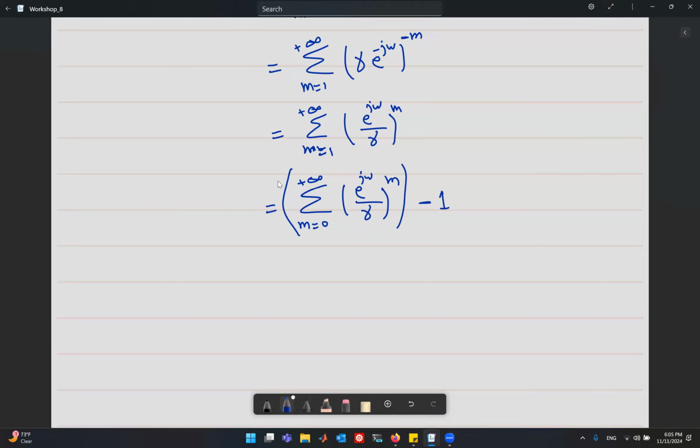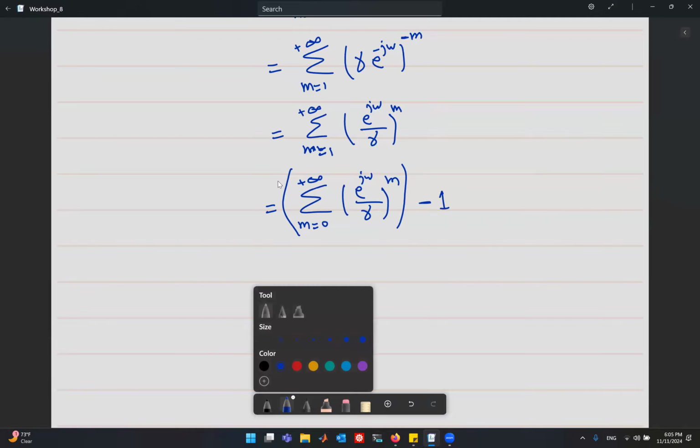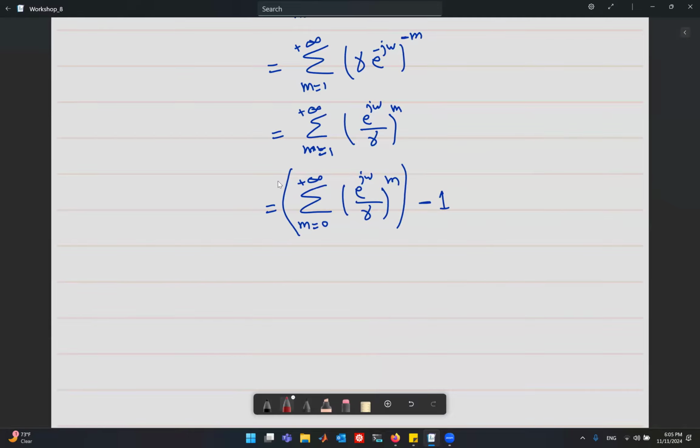Now we have a geometric series similar to what we had before, and the condition for this to converge is similarly that the magnitude of e to the j omega divided by gamma should be less than 1, which is 1 divided by the magnitude of gamma should be less than 1.